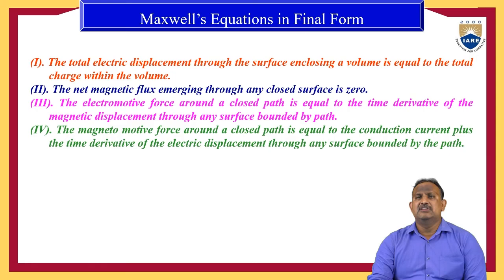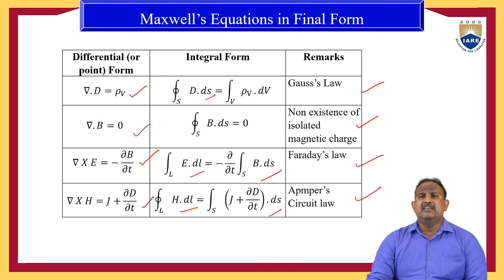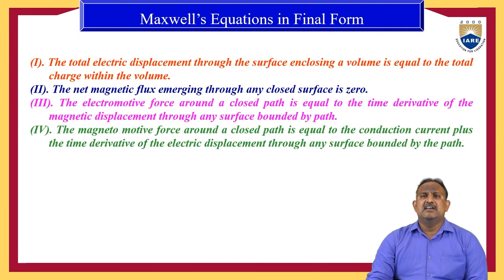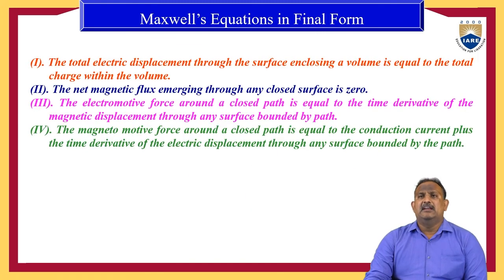Next, the third one: del cross E is equal to minus dou B by dou T. It can be expressed as the electromotive force around a closed path is equal to the time derivative of the magnetic displacement through any surface bounded by the path. So this is the third word statement of a Maxwell equation.